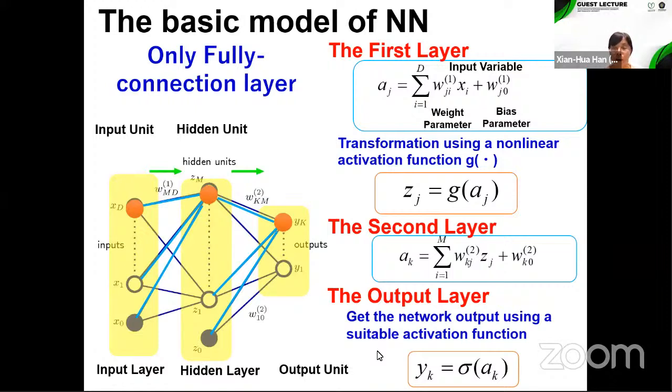Finally, the network output uses a suitable activation function, which can be nonlinear or linear, to get the final result. This basic mathematical calculation is a neural network.